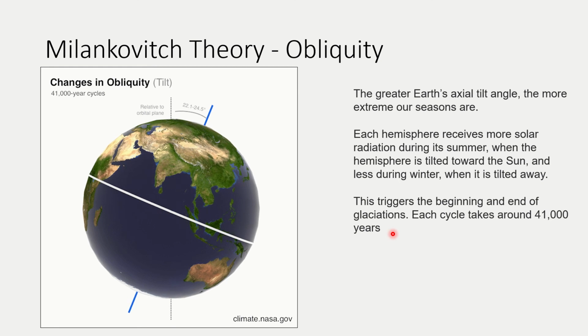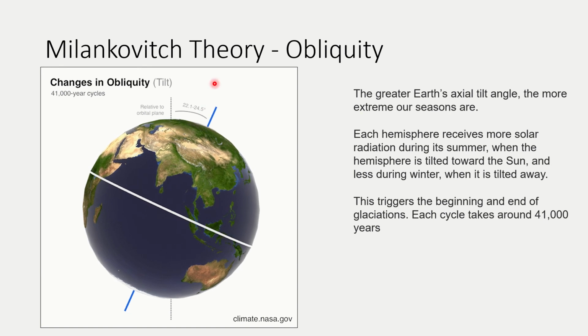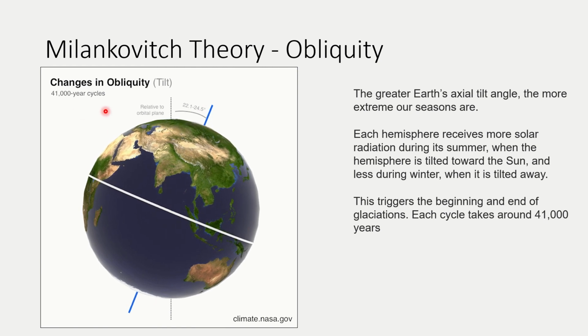The next part of the Milankovitch theory is obliquity. Now, as you can see, the axis of the Earth is at 23.5 degrees, I think, right now, but it varies. And it varies on a 41,000-year cycle between these degrees.